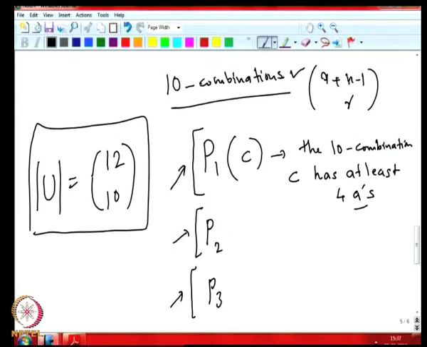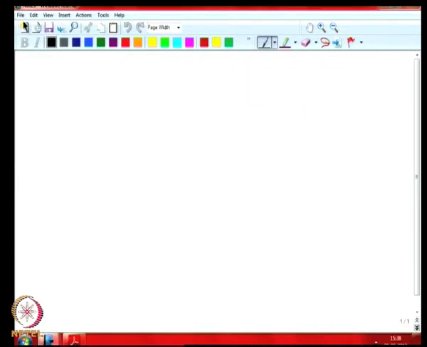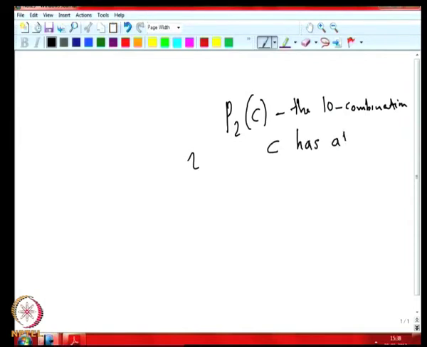Similarly, P2 will be the property that the 10 combination C has at least 5 B's.